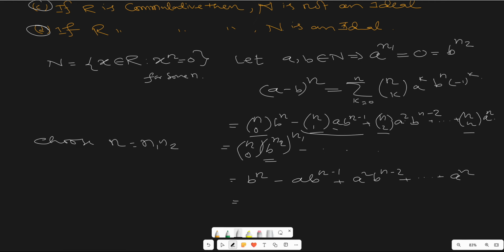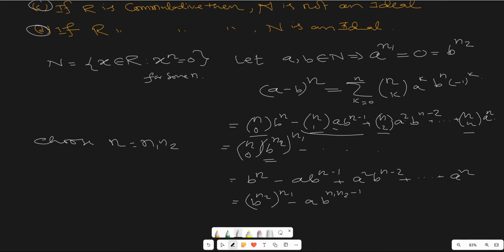So b to the power n1 n2 means you can write it as b to the power n2, to the power n1, minus a b to the power n1 n2 minus 1. Is it? See, b to the power n1 n2 minus 1 will be something less than n, right?